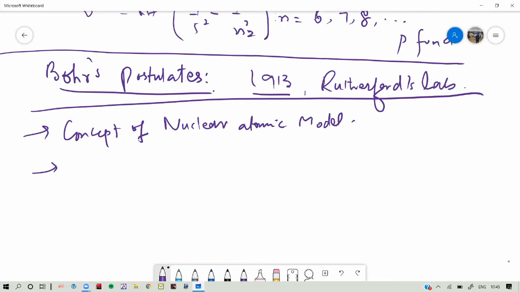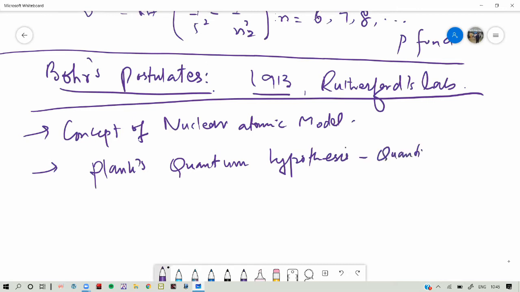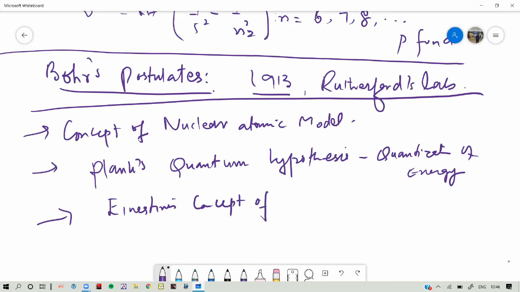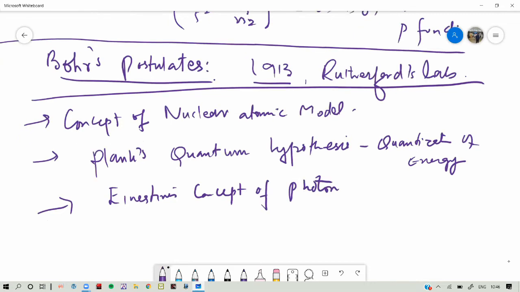Number two was Planck's quantum hypothesis regarding quantization of energy. Number three was Einstein's concept of photon to explain the observed line spectrum.